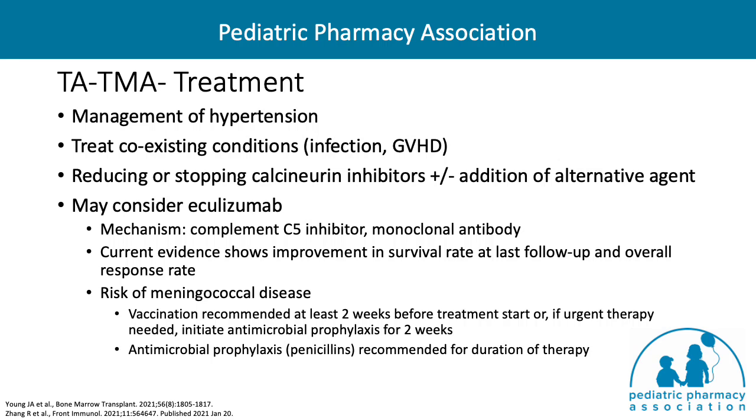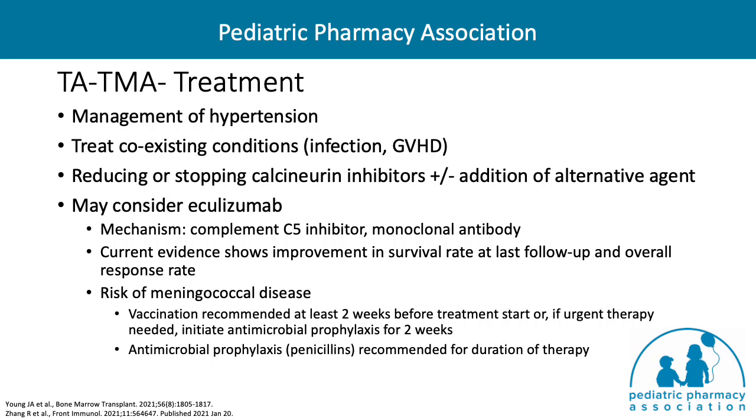Elevated membrane attack complex levels have been identified in pediatric patients with TA-TMA. And so eculizumab is a monoclonal antibody that is used. It is a monoclonal antibody complement C5 inhibitor, and it prevents membrane attack complex formation. There is a risk with eculizumab for meningococcal disease, and vaccination is recommended at least 2 weeks before treatment start, or if urgent therapy is needed, initiating antimicrobial prophylaxis for 2 weeks.